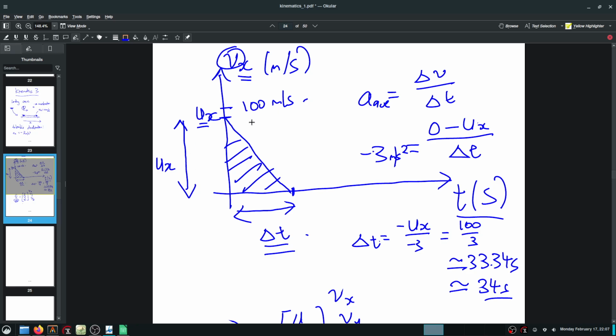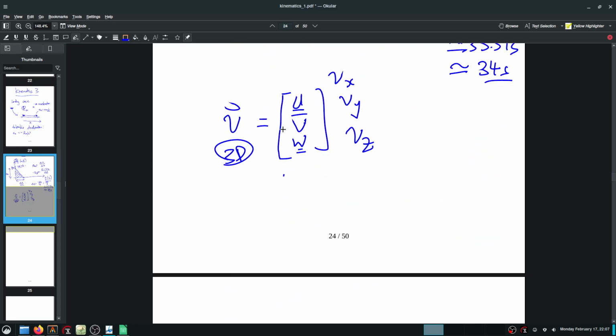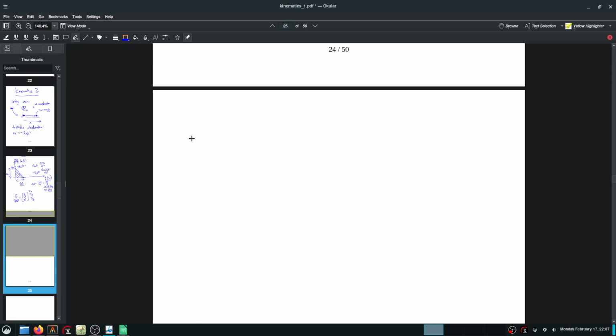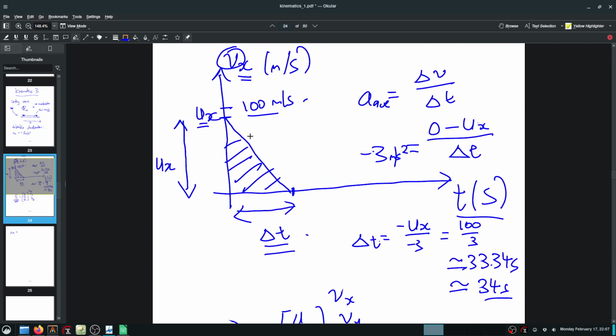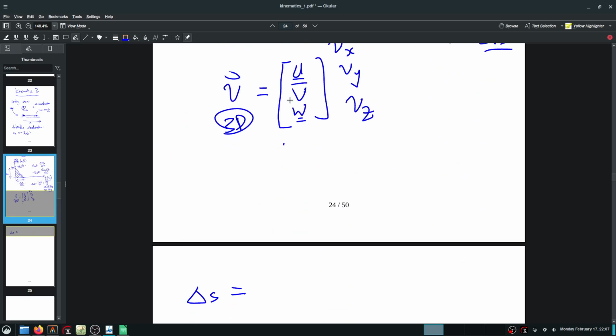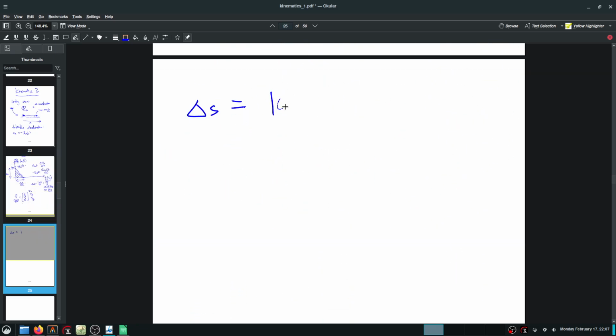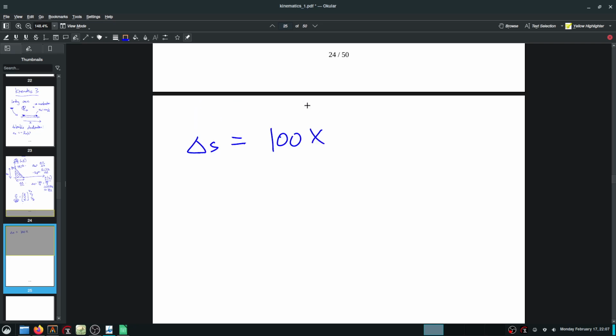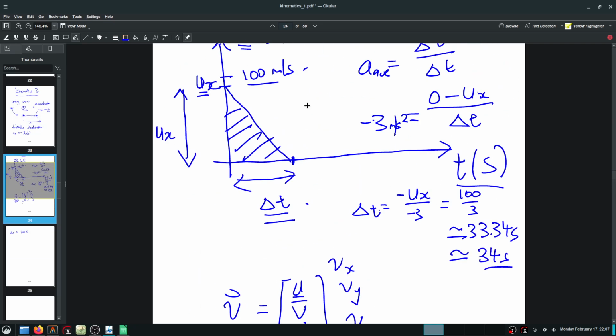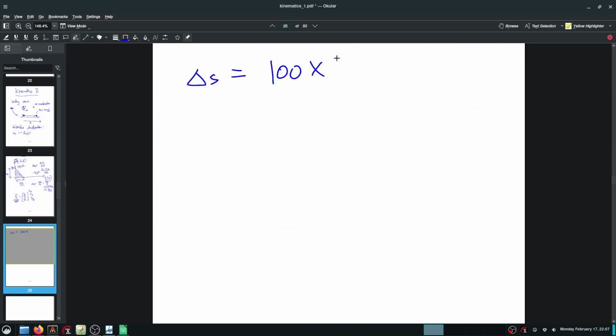And you are starting with 100 meters per second velocity in the x direction. So what's the length of the runway? Delta s equals this initial velocity, 100 meters per second, times 34 seconds, equals 3.4 kilometers.